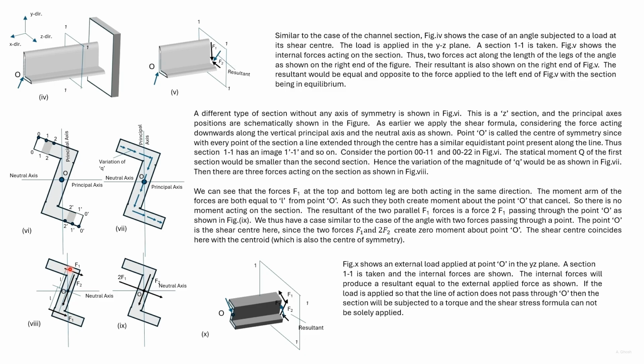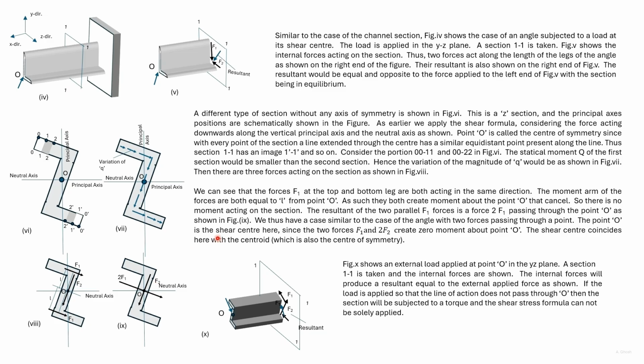These two forces F1 are also equidistant from the point O, so they create no moment about the point O. They can be represented by an equivalent force 2F1 passing through the point O. These two forces F2 and 2F1 both pass through the point O, so they create no moment about point O. So the center of symmetry is also the shear center for the Z section.